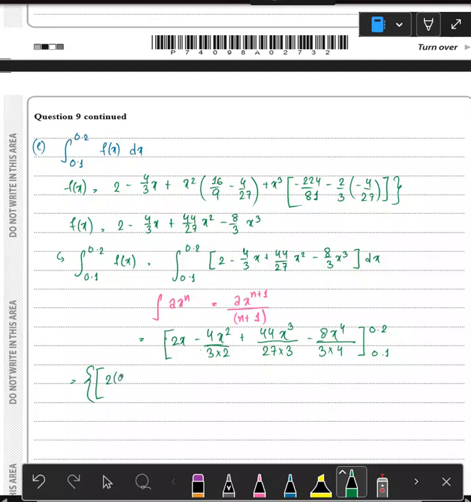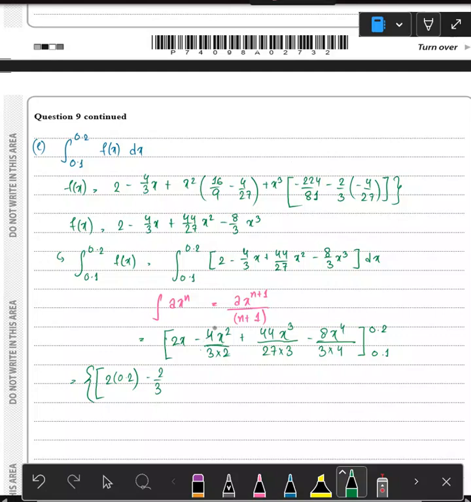So the upper limit is 0.2, so substituting x with 0.2: 2 multiplied by 0.2, minus 4 by 6, or we can say 2 by 3. So 2 by 3, you can just cut 2 and 4 here.